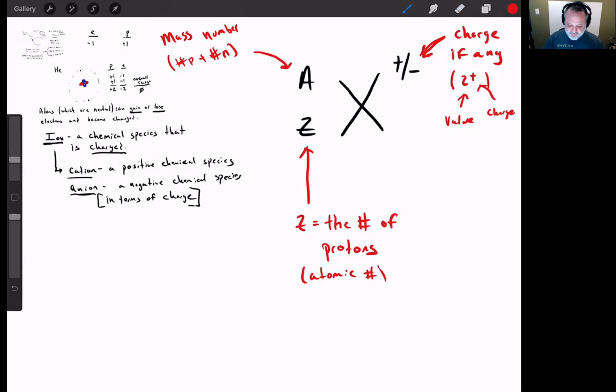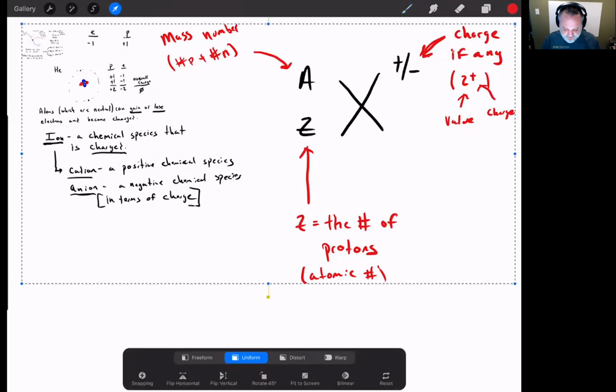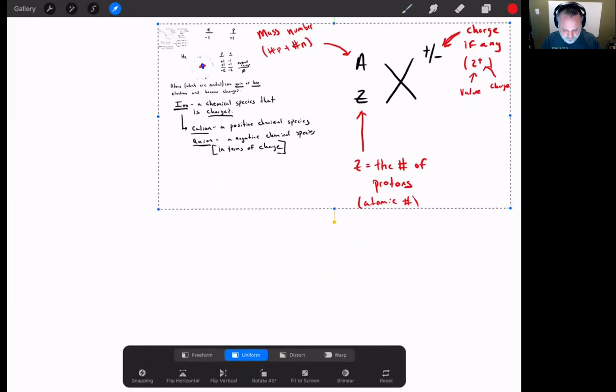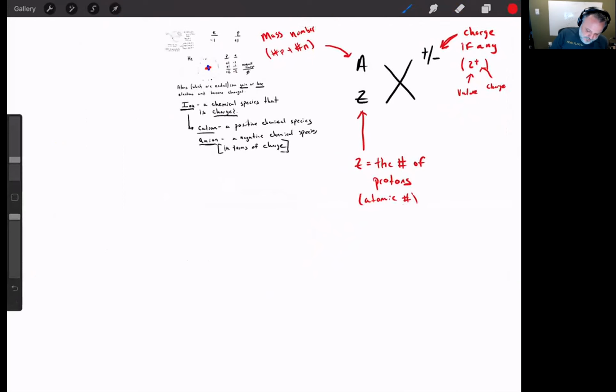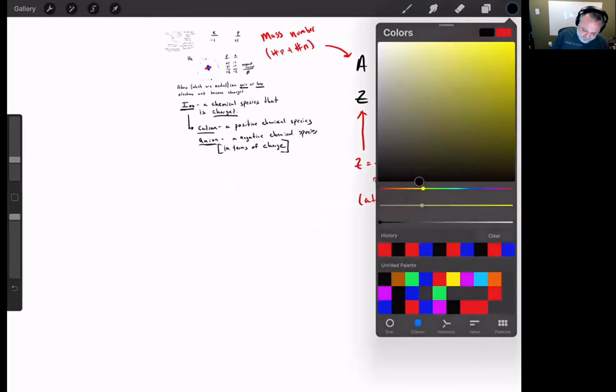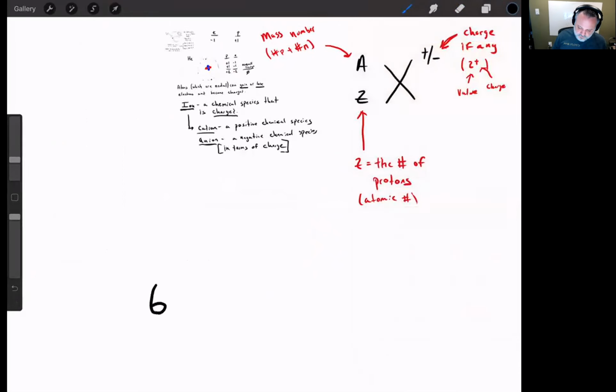Okay, let's put it together. Let's go back to that carbon. So carbon has 6 protons. If we're talking about the carbon that has 6 neutrons, then what does A, the mass number, equal?